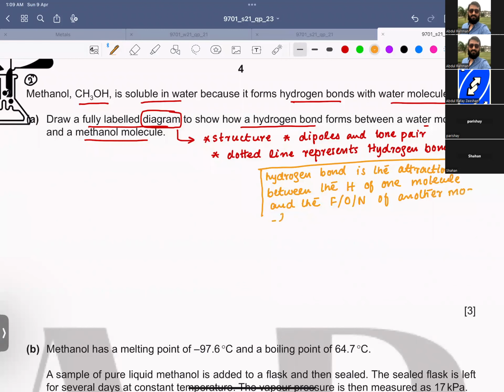But there is another condition over here, and that condition is the hydrogen must be covalently bonded to fluorine or oxygen or nitrogen.